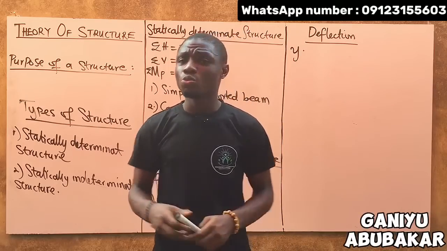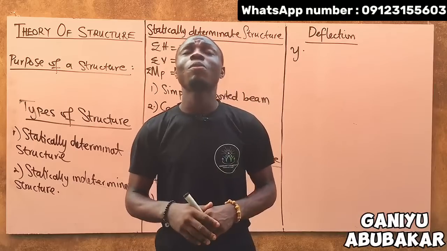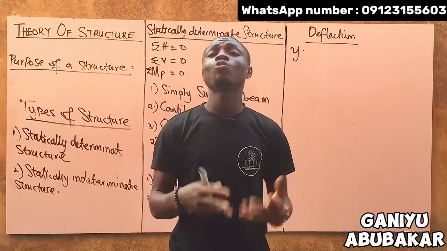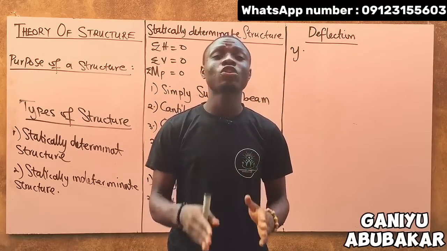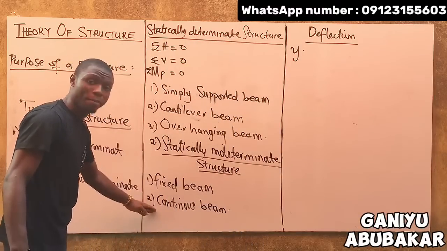So when it comes to theory of structure, note two things, please. We are going to be deriving the slope equation and deflection equation of all these beams here, you see here, right?